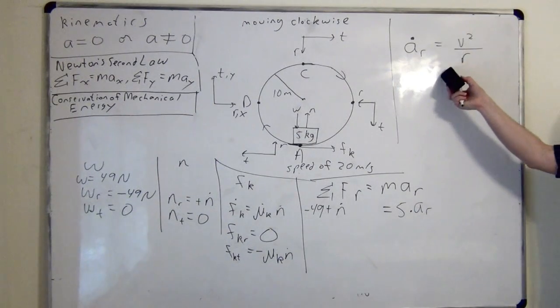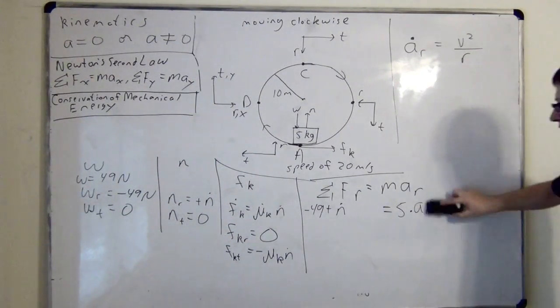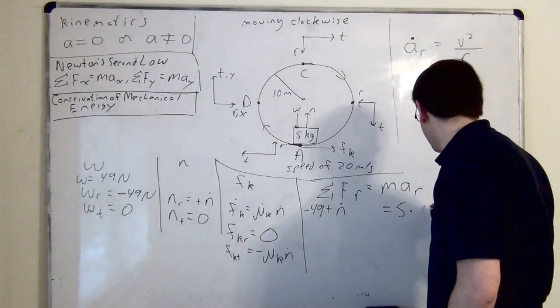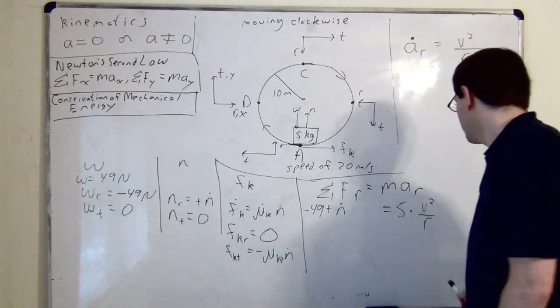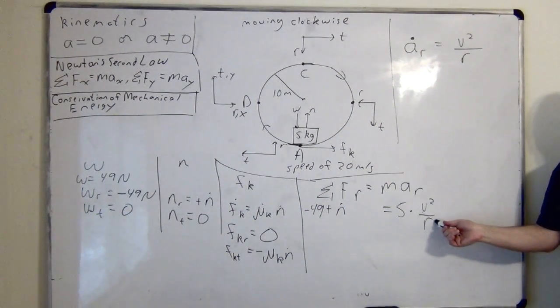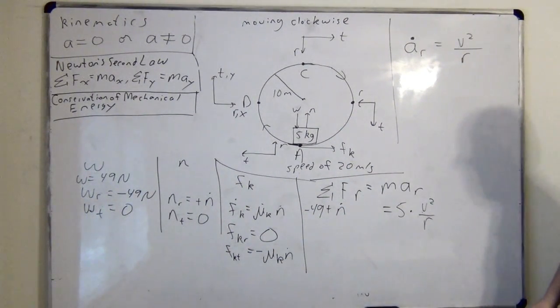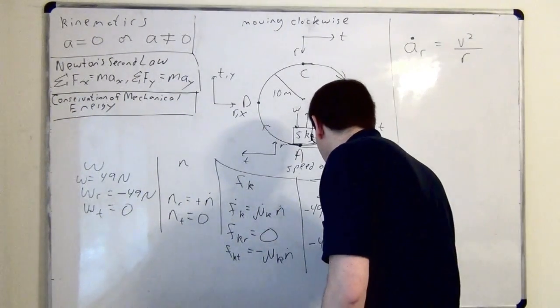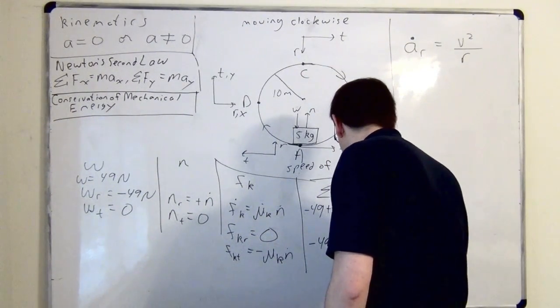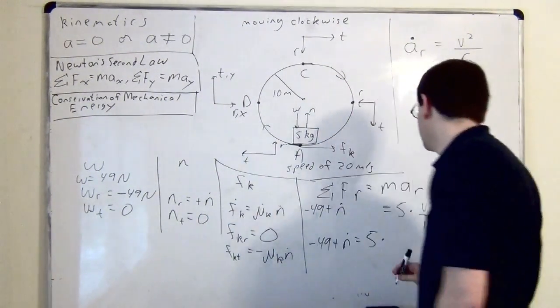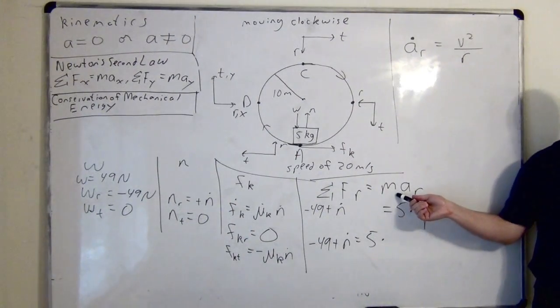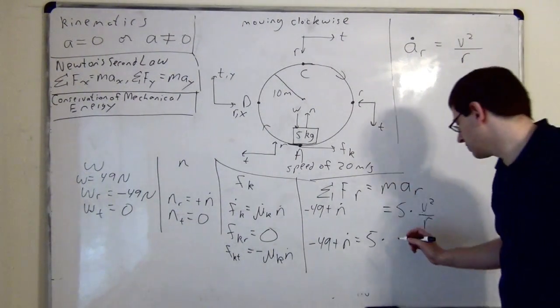But here you really can plug something in for a. So what do I plug in for a? V squared over R. You may as well just plug that straight into our equation. That was the whole reason why the radial version of Newton's second law is more helpful than the tangential, because we have that special equation.